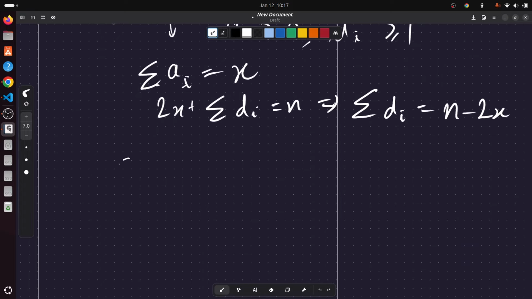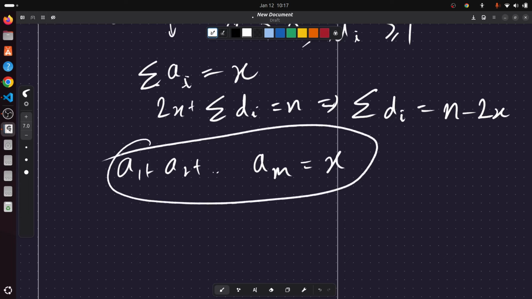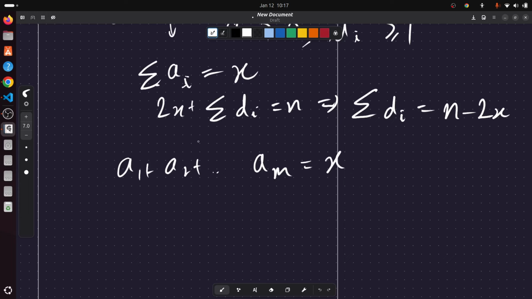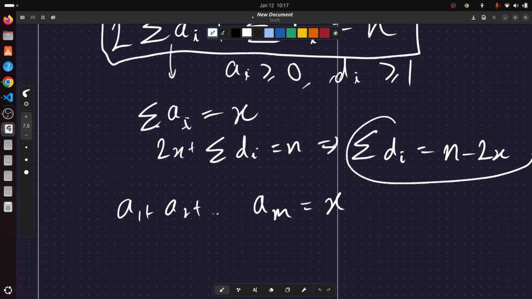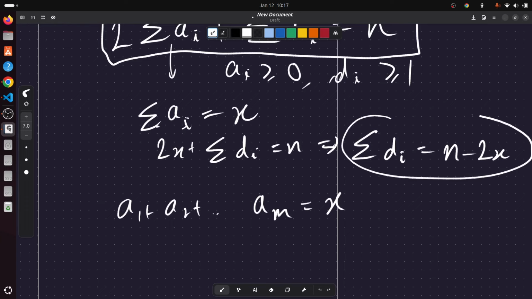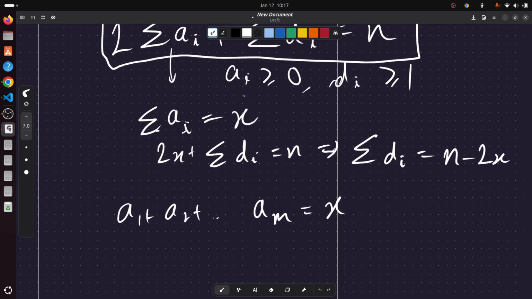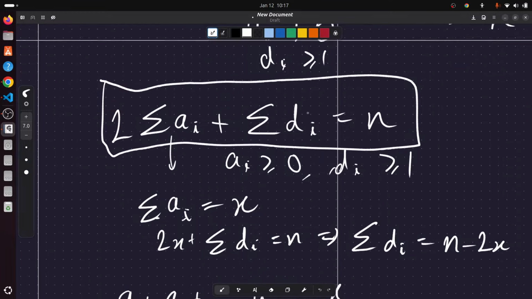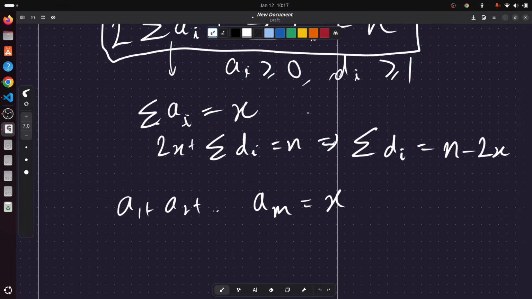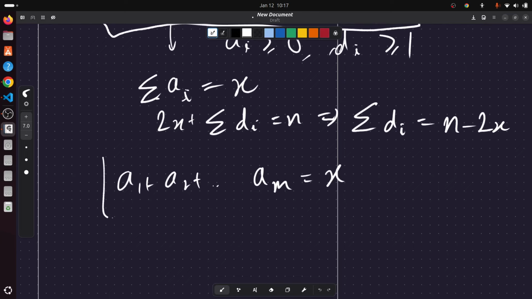That is, a1 plus a2 plus up till am, I want it to be equal to x. So in how many ways can that be done? That is one question. And one more question is, if my summation of di is n minus 2x, then what is the sum of the products of di? These two are the questions that we want to answer. Okay, this is my problem.